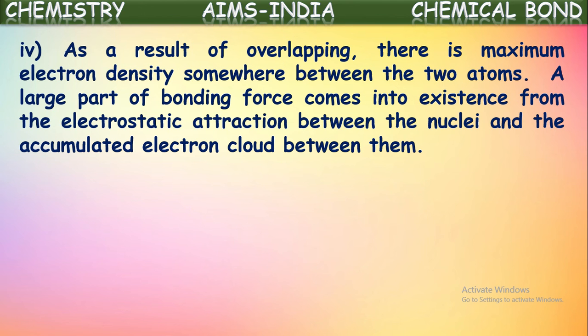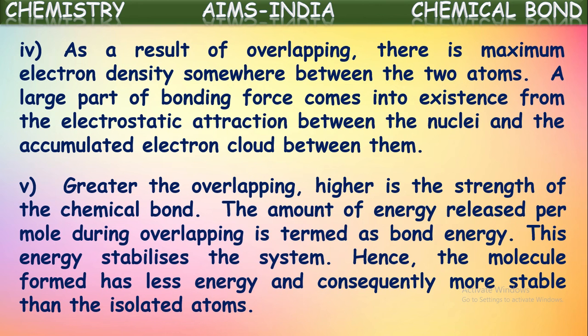A large part of the bonding force comes into existence from the electrostatic attraction between the nuclei and the accumulated electron cloud between them. In that way, electron cloud will be accumulated between the two atoms and hence the bond is created. Greater the overlapping, higher is the strength of the chemical bond formed between them. So if the atomic orbitals overlap to a greater extent, then the covalent bond formed will be a stronger bond.